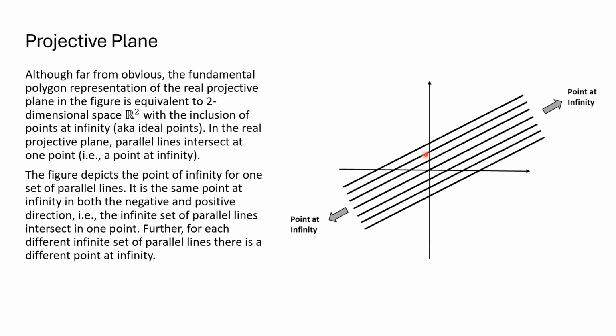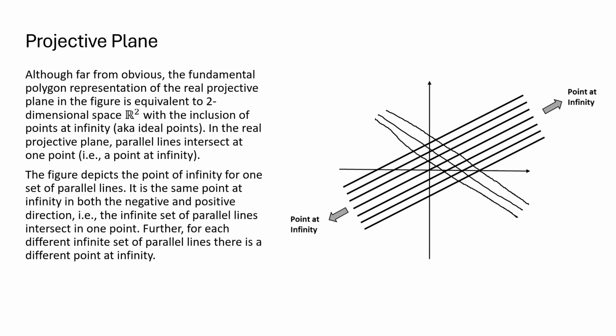If I had another set of parallel lines, I can do a feeble attempt here, but if you had, I'll just draw two. If you imagine they're parallel. So if we had a bunch of these parallel lines, let me do one more. Then there would be another point at infinity that if you go this way or this way, you reach that point at infinity.